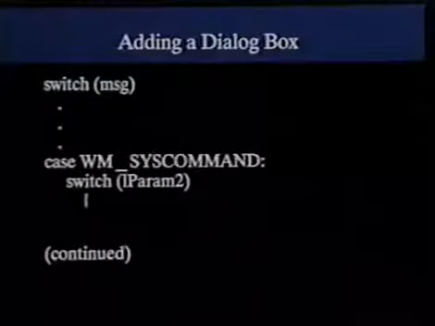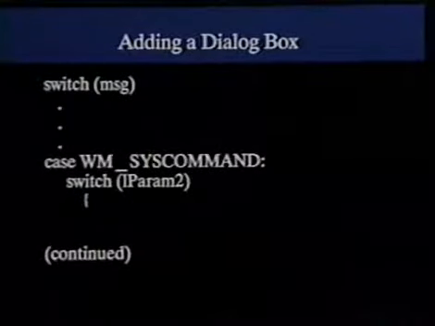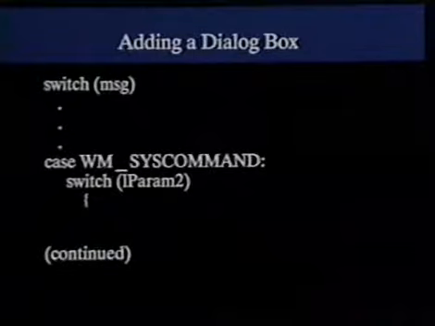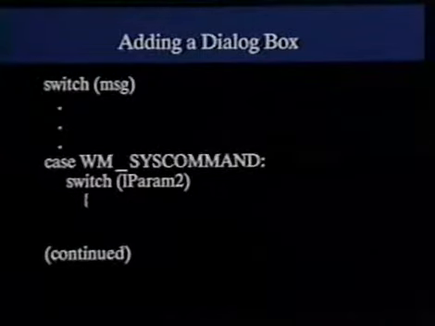So within our window proc, where we're switching on the messages, we need to add a response to the WM_SYSCOMMAND, because we're going to get a WM_SYSCOMMAND message, and we're only interested in the one sys command message, the one that's related to the About.